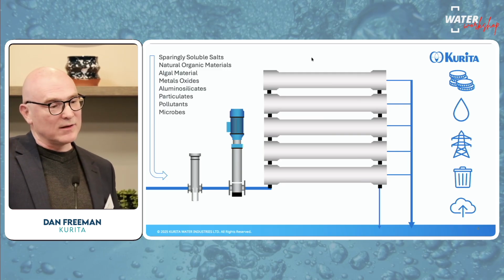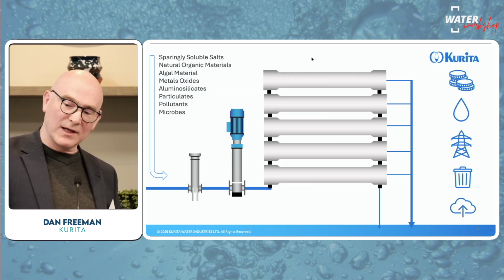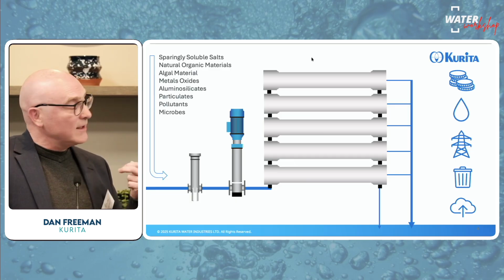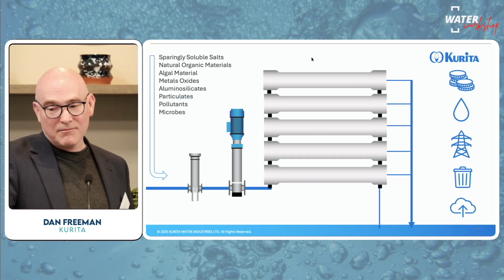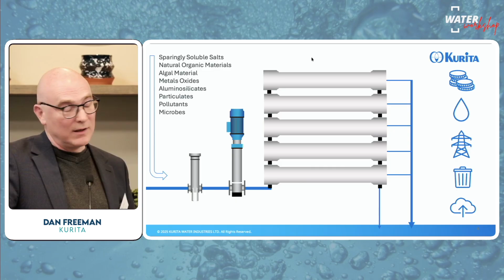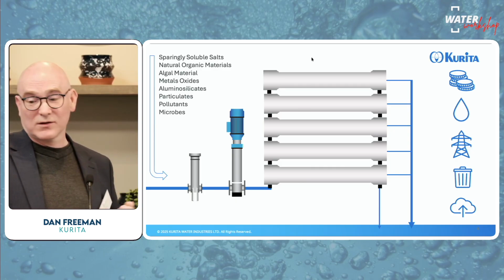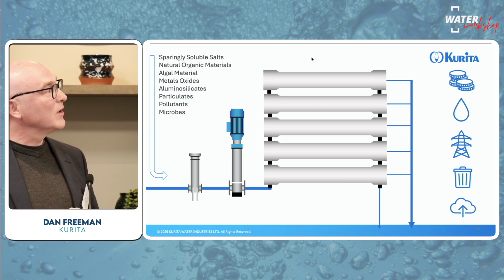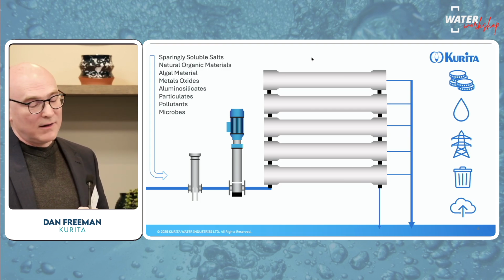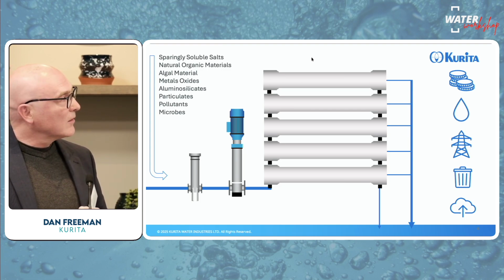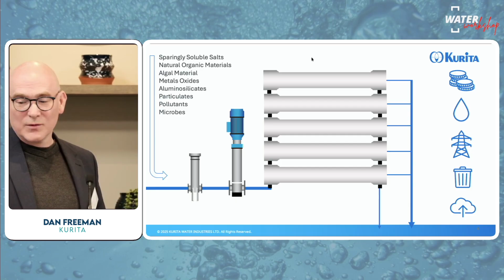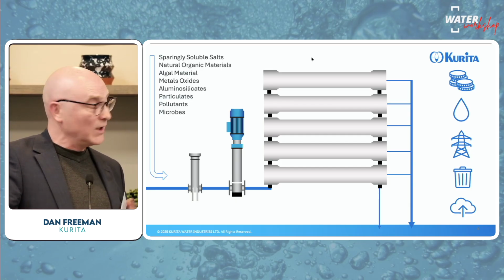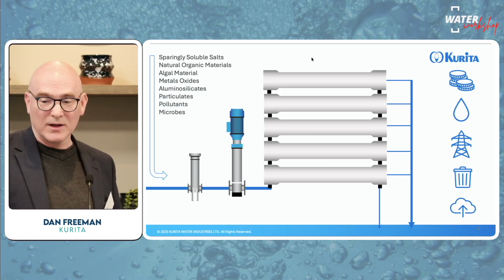If you accumulate materials on the membrane surface, it becomes less efficient. You have the potential for damage of the membrane, a permanent performance loss because of particular foulants, and all of these things can contribute to CO2 usage, and of course they all cost money. So these are all issues that we need to be aware of.